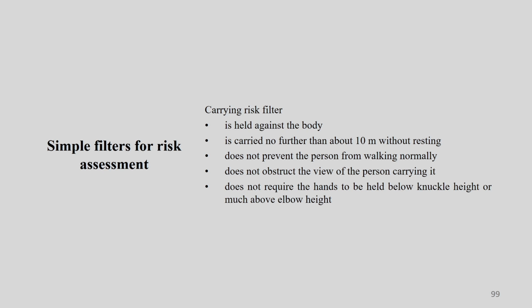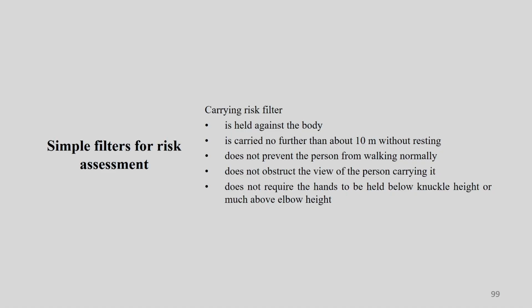The positioning of your arms matters, because you are holding it. You should not hold any load very far below your knuckle height, because then you are going to bend to hold the object, and it should not be beyond your shoulder or elbow height, because then you have to raise your shoulder. So those conditions you need to avoid.